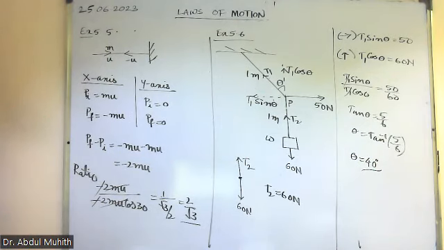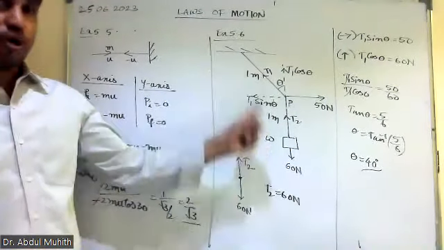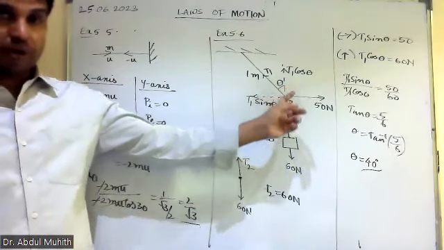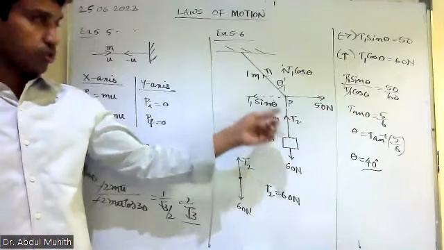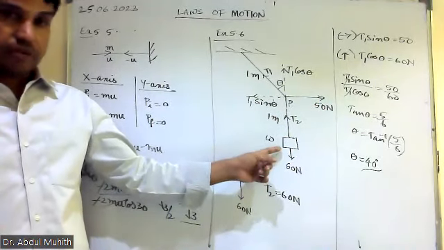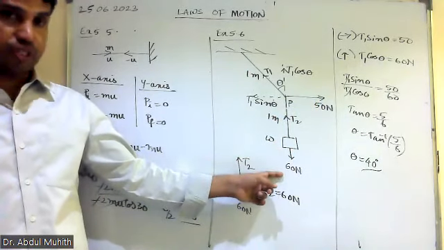Sir, can you explain again? See here, this is a 2-meter rope, 1 meter and 1 meter. At the center, we are applying 50 newtons force, so the shape will become like this. Now, there is a weight of 6 kg acting downwards. 6 into 10 will become 60 newtons.